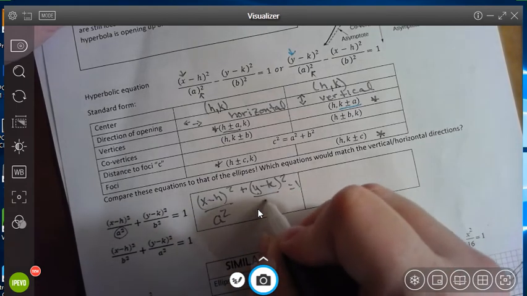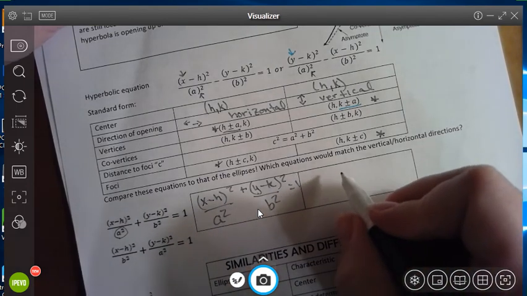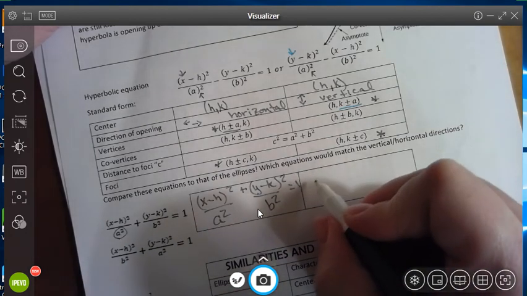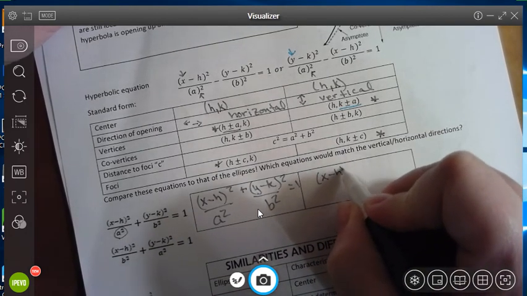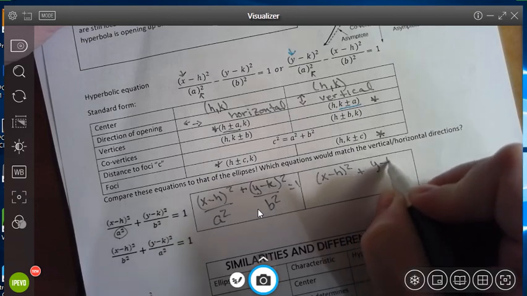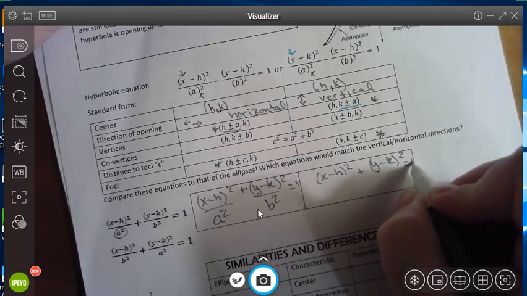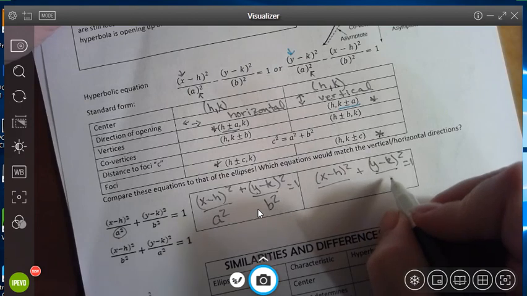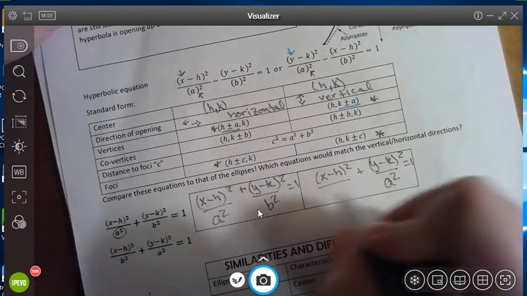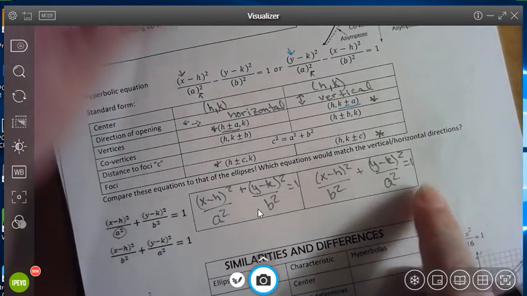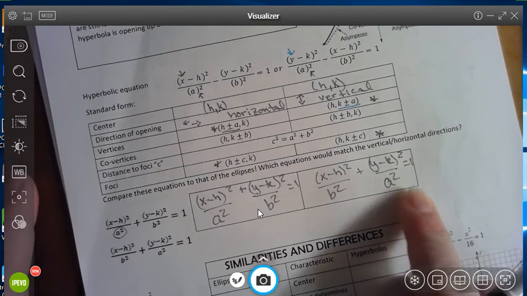The next one is going to be the other one: (x minus h) squared plus (y minus k) squared equals 1, but this time the a squared is going to be under the y. The a squared gets the y, and that's what makes it vertical.